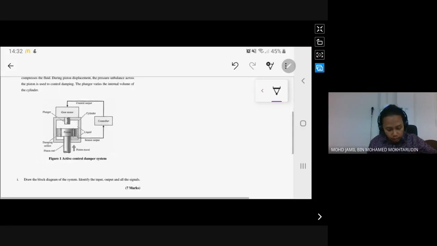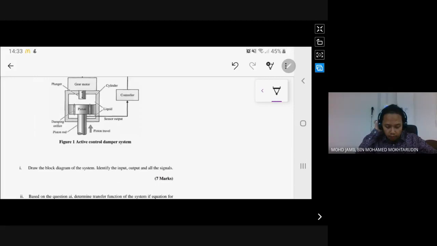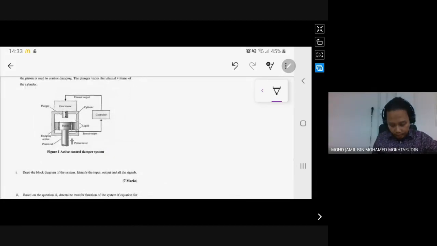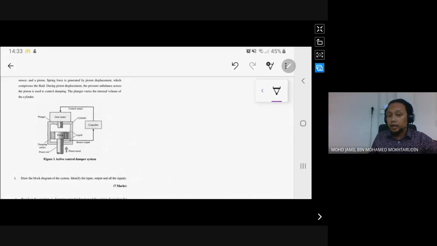So question 1, draw the block diagram of the system. Identify the input, output, and all the signals. Most of you got this question correct. So what you need to do is identify all the elements of the control system in this figure.